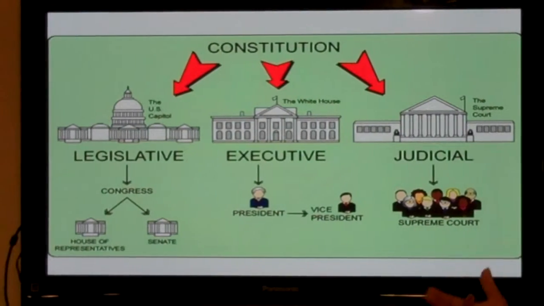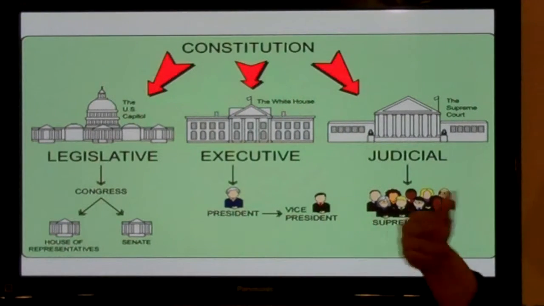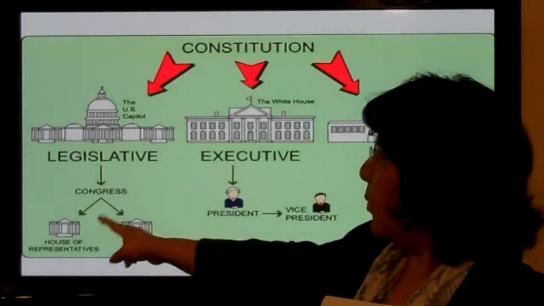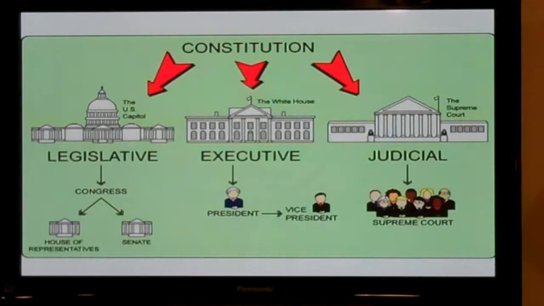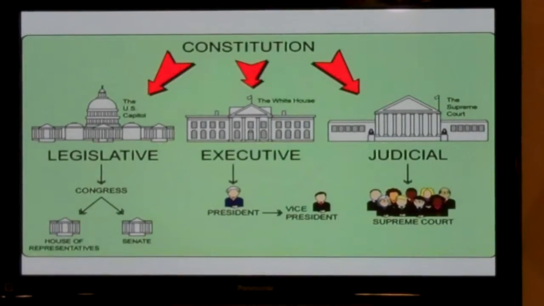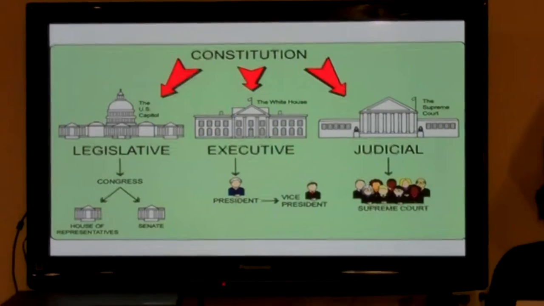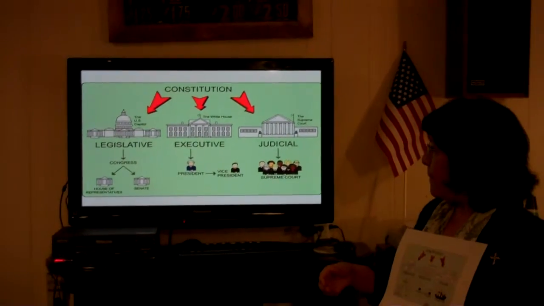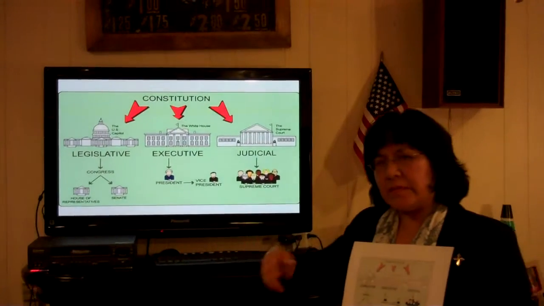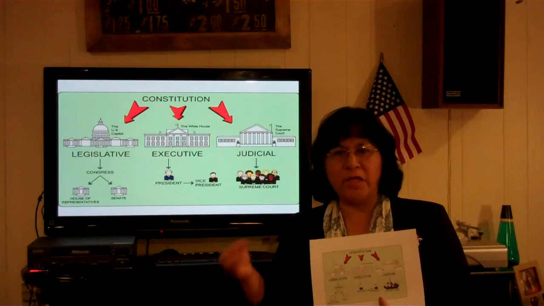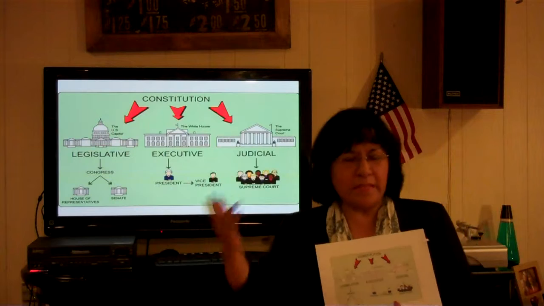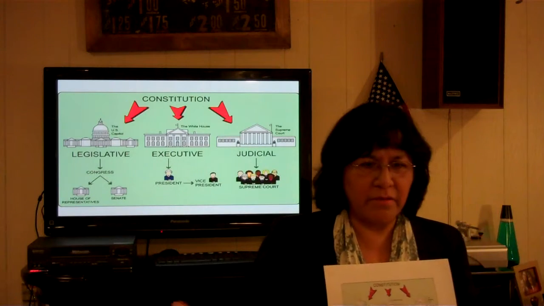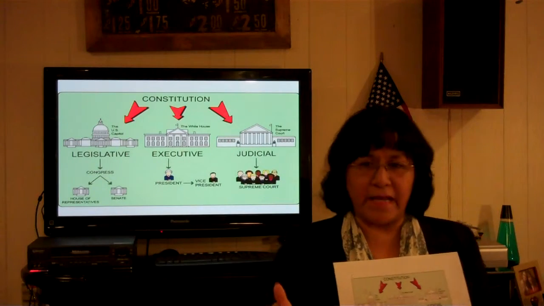Now, the first picture that you see is the legislative branch. The legislative branch is formed by 2 bodies, the House of Representatives and the Senate. The House of Representatives is going to have representatives of each state. How many states do we have in our nation? 50. Very nice.